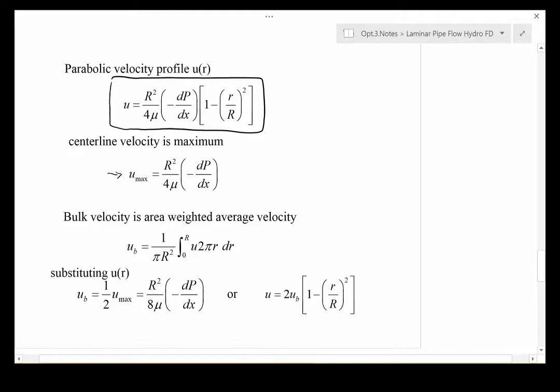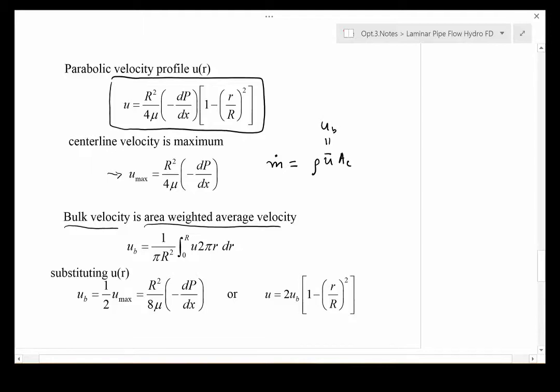Sometimes we talk about something called the bulk velocity, and it's this area-weighted average velocity. What we're saying in a more meaningful way is, if I wanted to talk about the mass flow rate through the pipe, there's some effective velocity, which we call the bulk velocity, U_B, times the cross-sectional area.